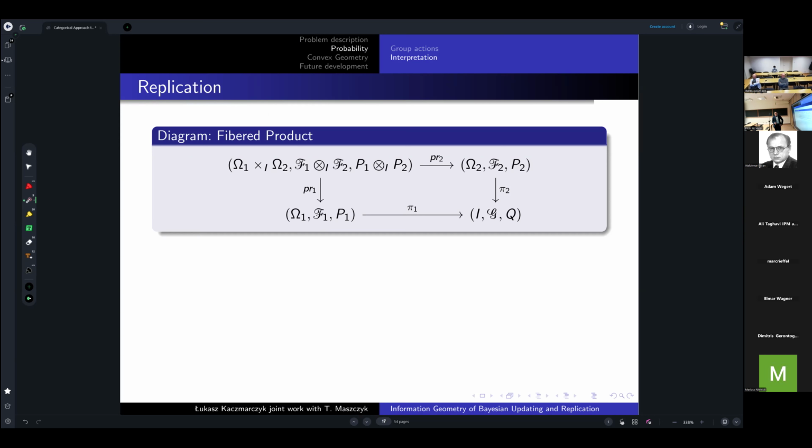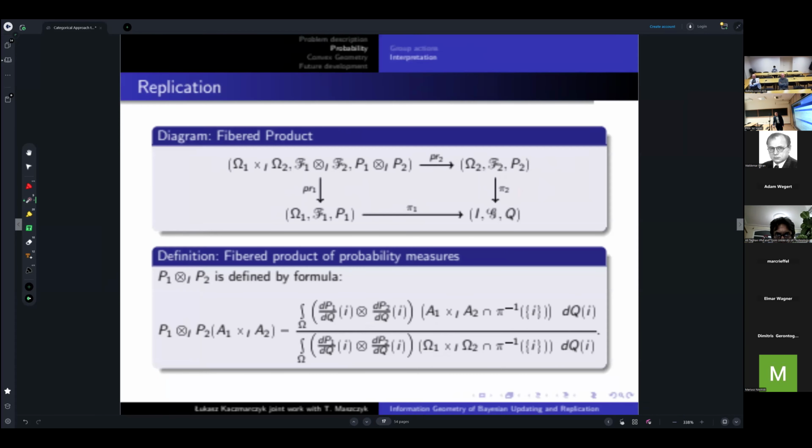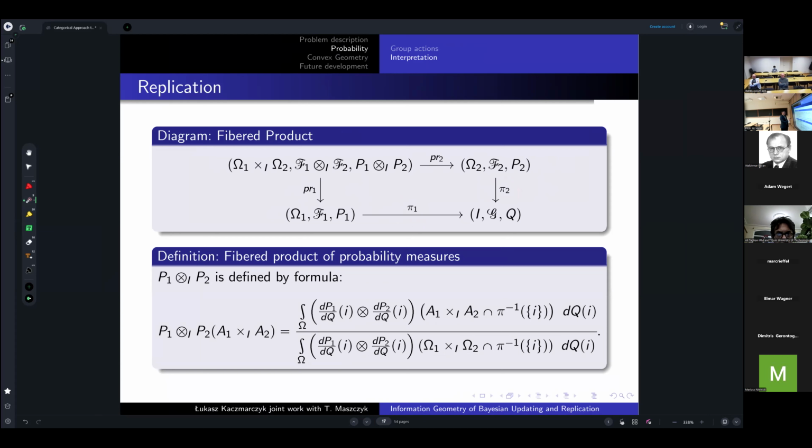The dangerous part comes from the fact that at least we won't check whether or not it's universal in any sense, simply because the conditions on these morphisms would be a bit strange, i.e. we will demand that pi1 and pi2 are Radon-Nikodym differentiable, and then we will be able to define such a big measure.